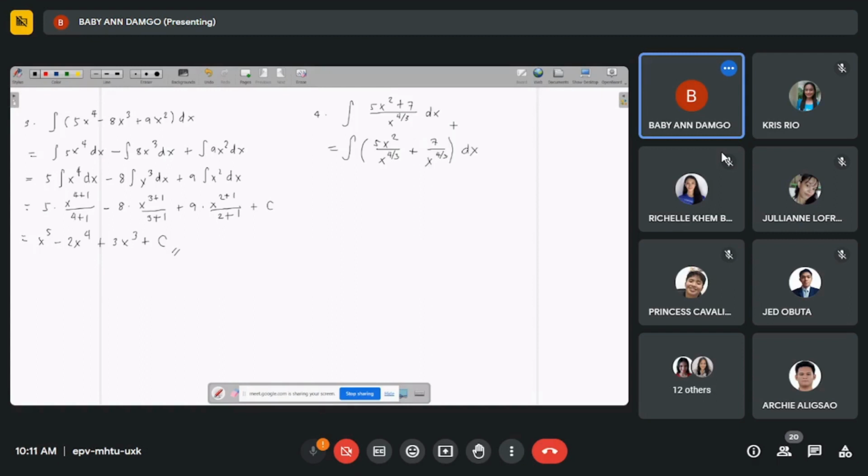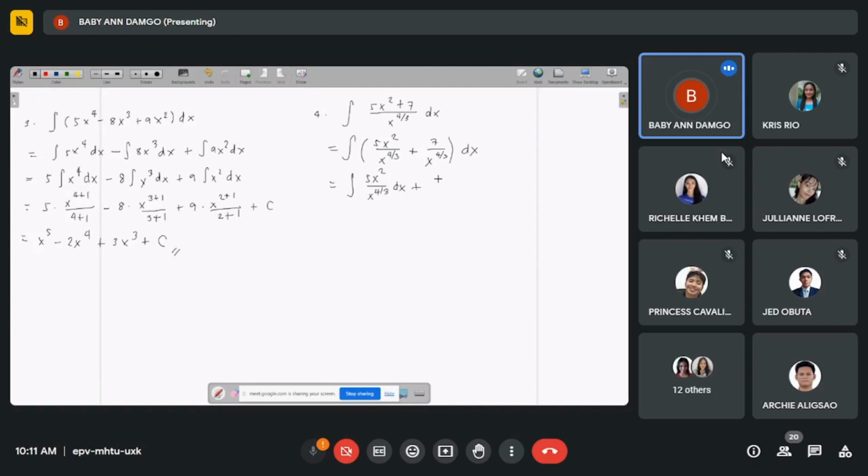So we have here, we now apply the integration of a sum is the sum of the integration. So this is the integration of 5x squared over x to the power of 4 over 3 dx plus the integration of 7 dx all over x to the power of 4 over 3.